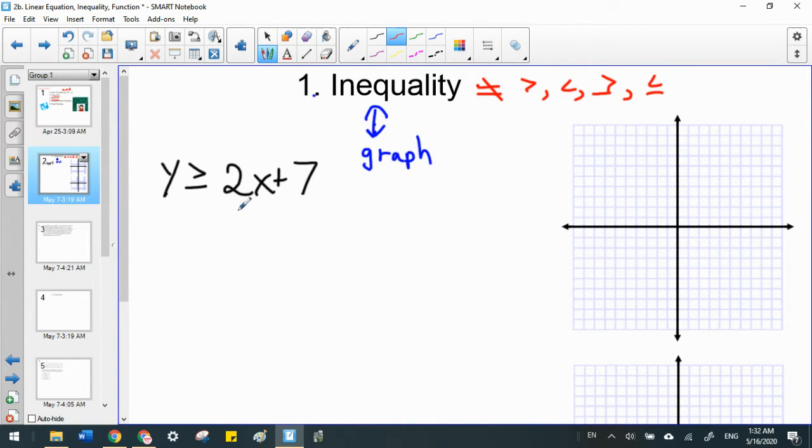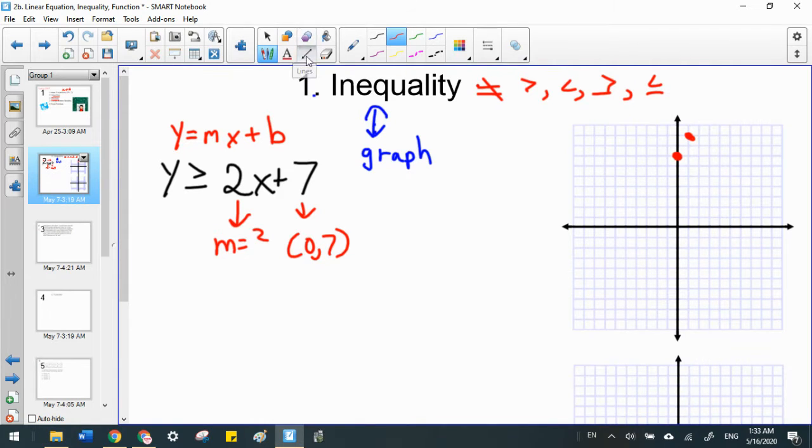This inequality right over here resembles the slope-intercept form of y equals mx plus b, where the 7 is my b value, so then that's going to give me the point (0, 7). So I'm going to get 0, 1, 2, 3, 4, 5, 6, 7, and there goes my first point. And then I'm going to try to represent the slope of 2. So I'm going to go up 2 over 1 to get to my next point.